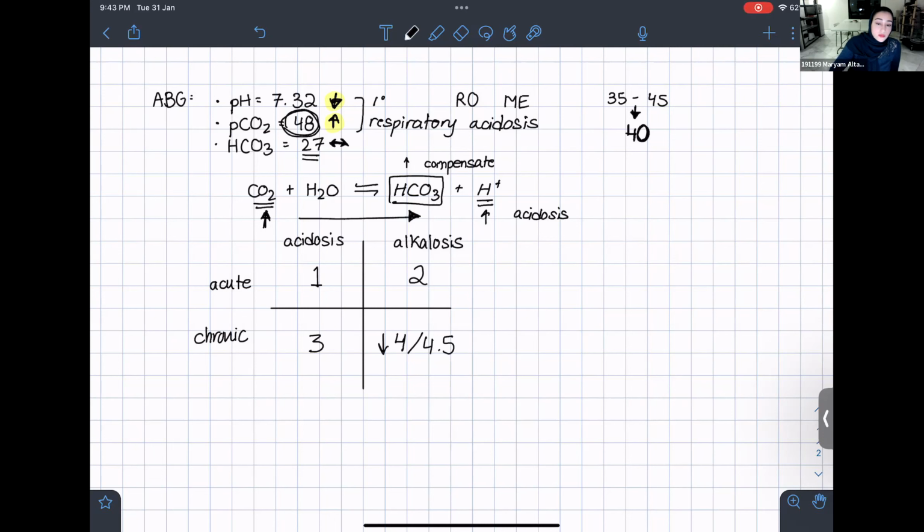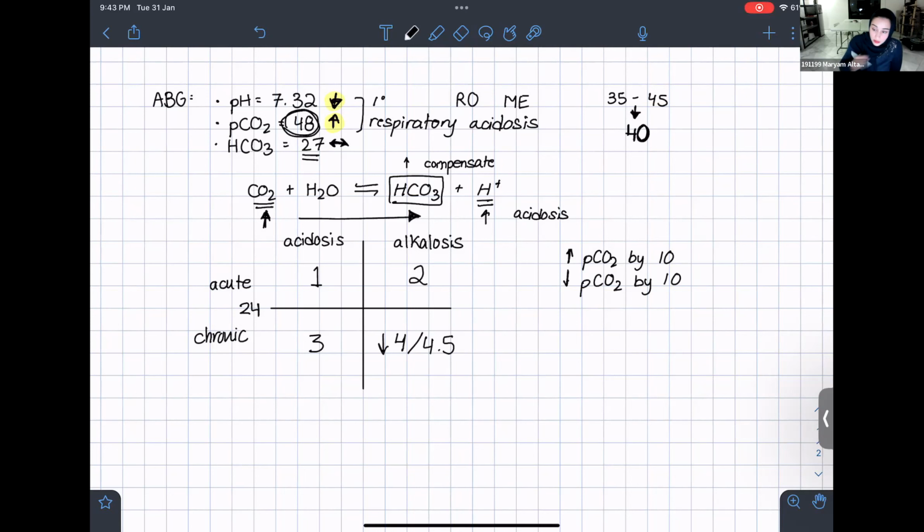So again, with every increase in PCO2 by 10, or any decrease in PCO2, so this is acidosis, this is alkalosis, you're going to have a change in bicarb, depending on if it's acute or if it's chronic. Our baseline in bicarb is always going to be 24.